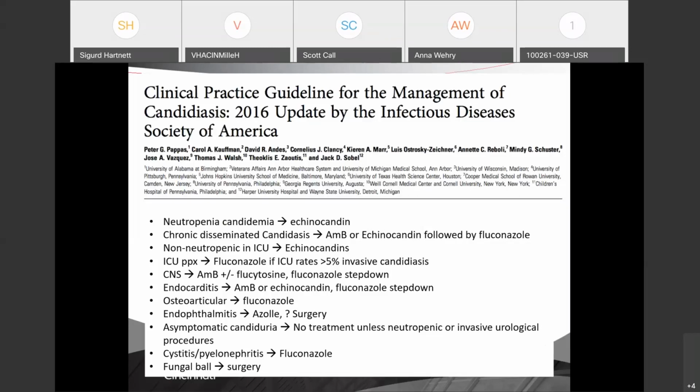If you have cystitis or pyelonephritis, you think about fluconazole, and for a fungal ball, you think about surgery. So going back to what I said about the antibiotics in that first table I showed you on antimicrobials, echinocandins can be used except in places where we need to concentrate in tissue, like the CSF, and with severe disease we use amphotericin first. If it's not severe disease, but we want to get to the tissue, we're going to use an azole, particularly fluconazole.